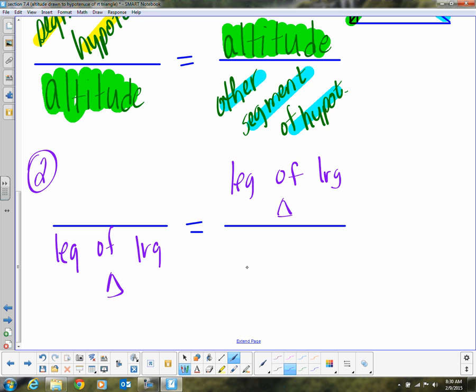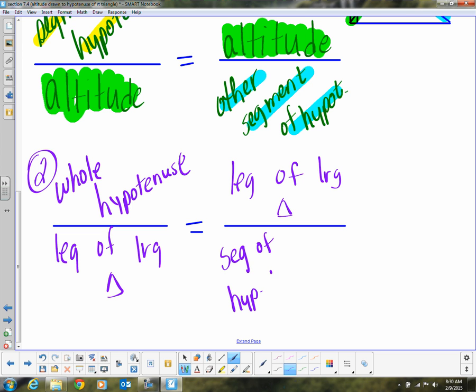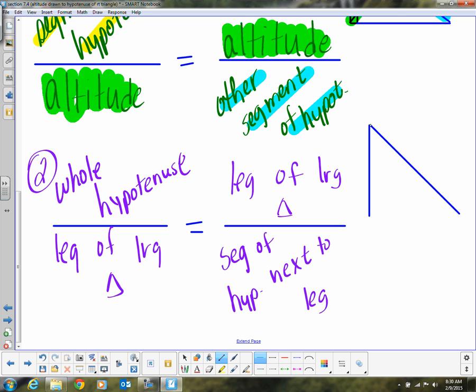Now, what is it the geometric mean between? The whole hypotenuse and then the segment of the hypotenuse next to the leg. Now, there are two large legs, so that produces two proportions.